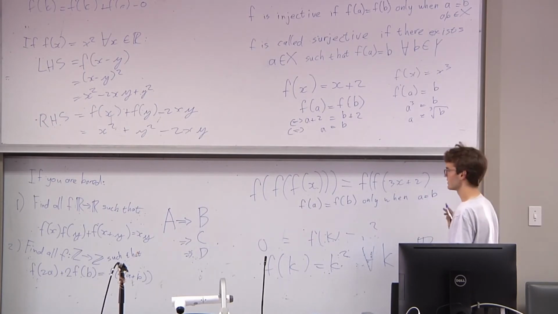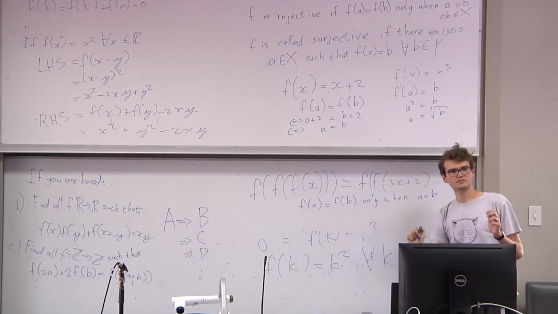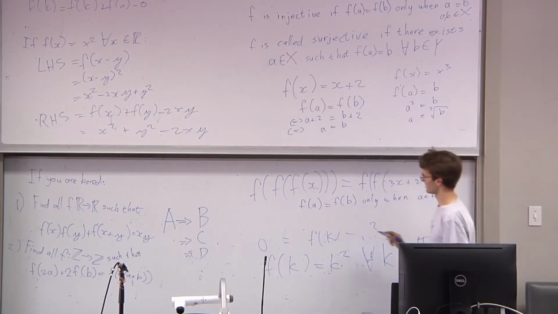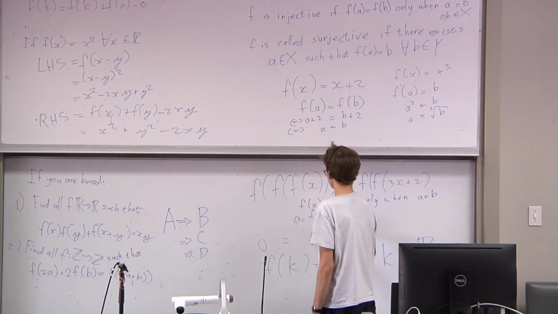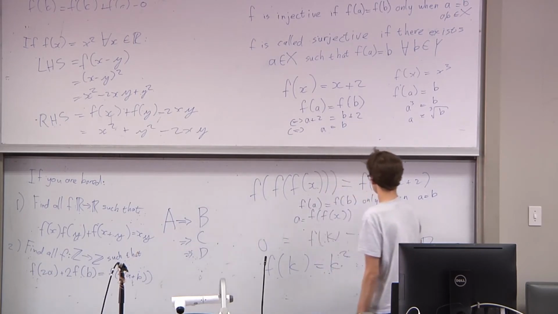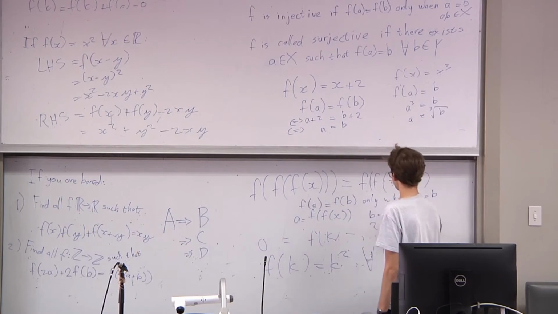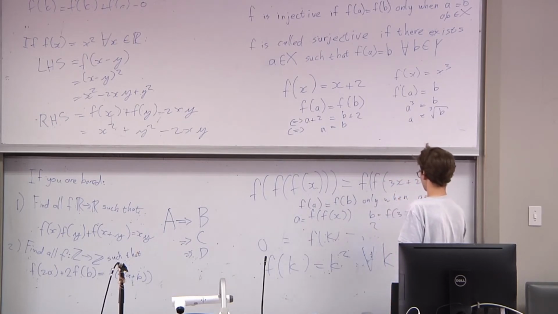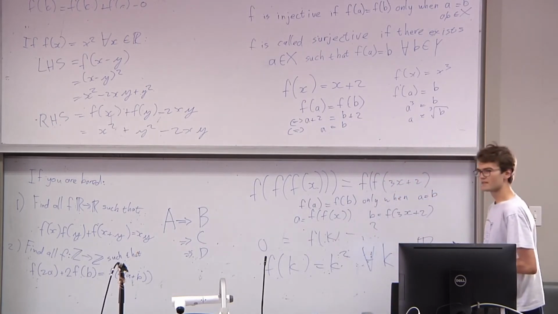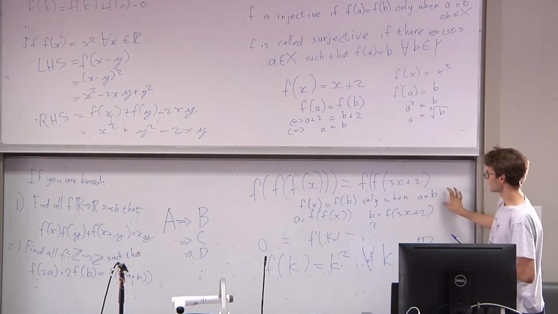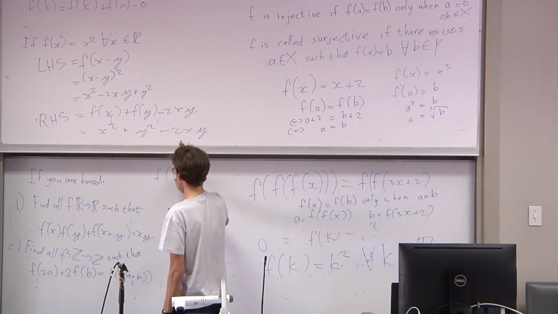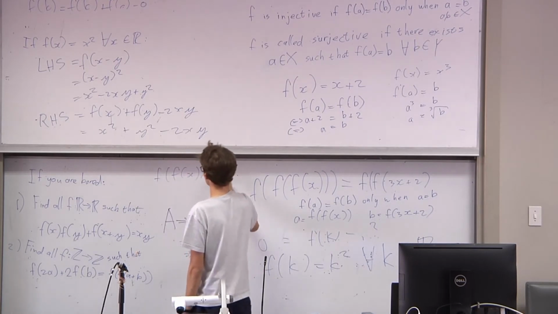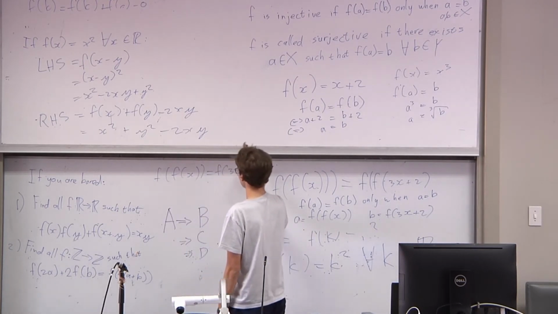So in this case, you can almost drop an f from both sides by letting a equal f of x and b being f of 3x plus 2. From the condition of injectivity, you would get that f of x would be f of 3x plus 2.